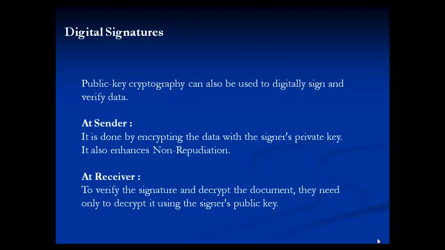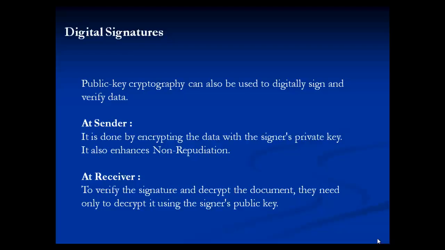Now let us try to understand what digital signatures are. Public key cryptography can also be used to digitally sign and verify data. The purpose of a signature is to prove that the document was created by or agreed upon by the signer. The process in digital signatures is very straightforward.